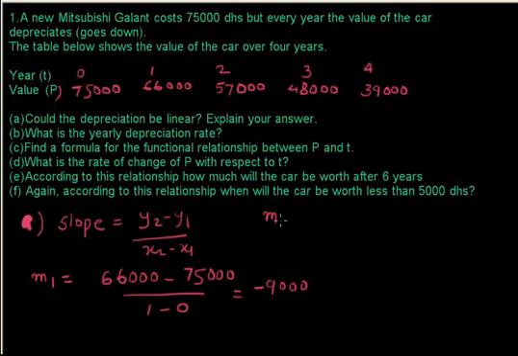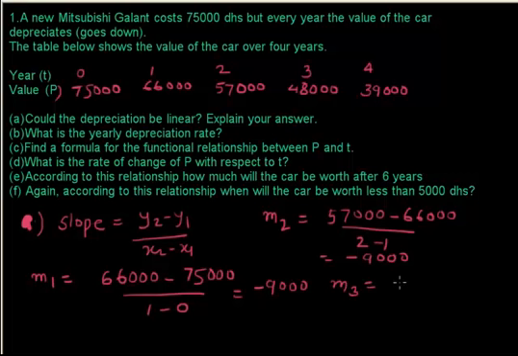The second slope, m2, for the second set is 57,000 minus 66,000 over 2 minus 1, so this value is again minus 9,000. For m3, the third set, 48,000 minus 57,000 over 3 minus 2 is again minus 9,000.